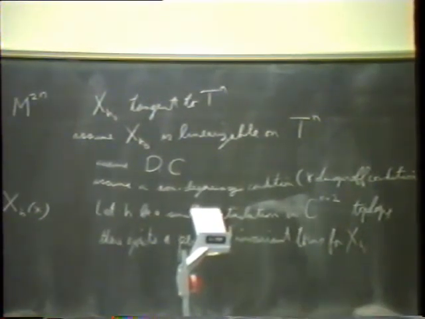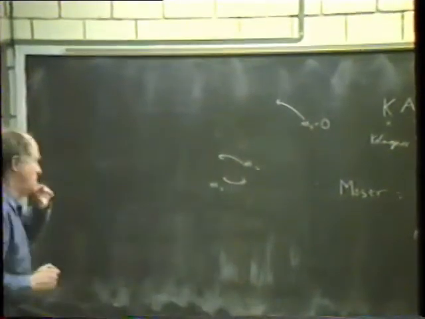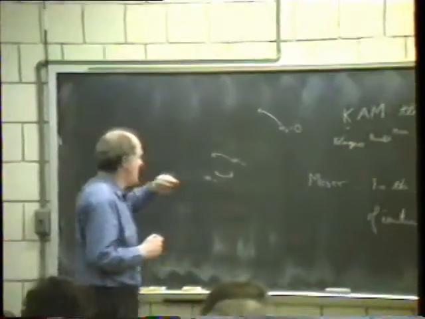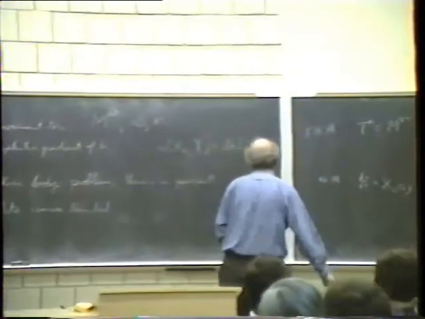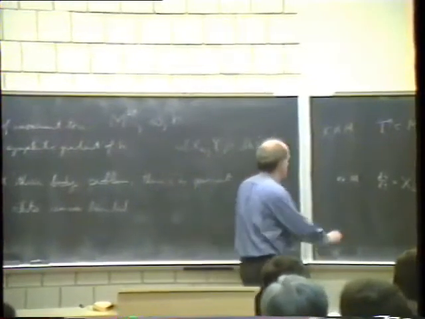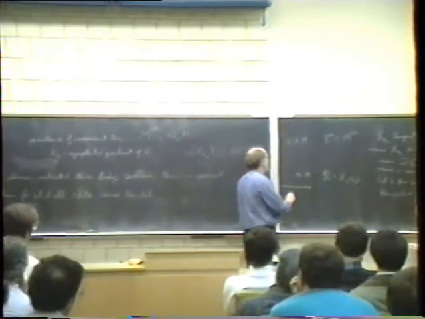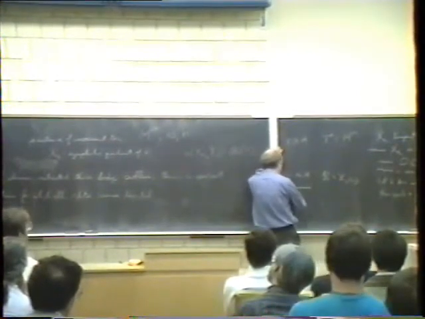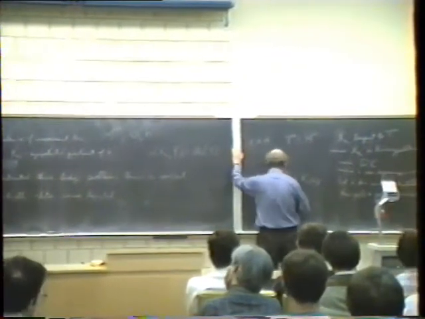So as was pointed out, I need to introduce a rotating coordinate system. Then I get a time-independent system in 2 degrees of freedom. Since this is time-independent, you have a 2-dimensional torus in M4, and then you have an energy surface.